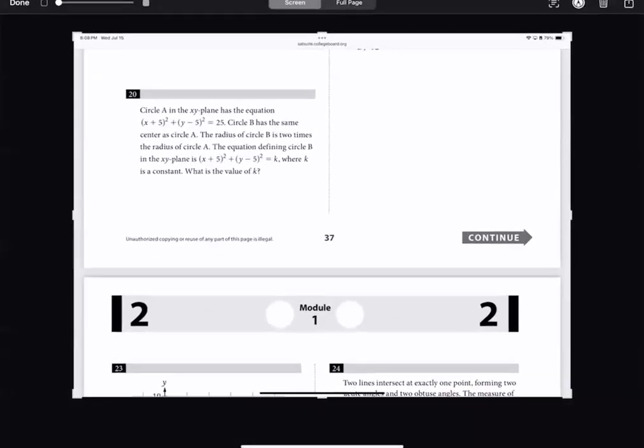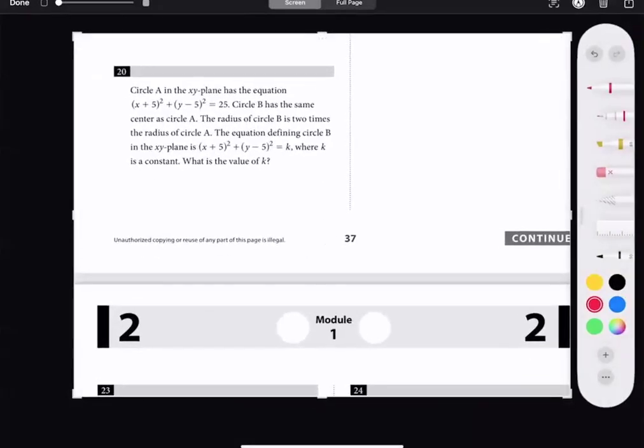$100. Yes, because the circle A in the xy plane has the equation here. And circle B has the same center.